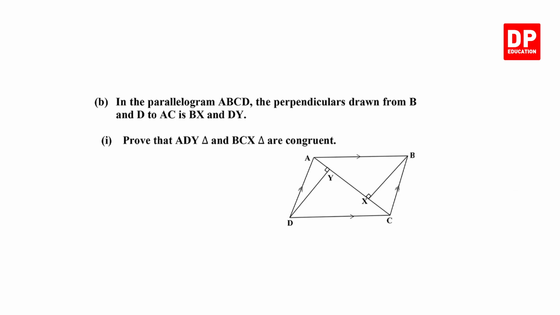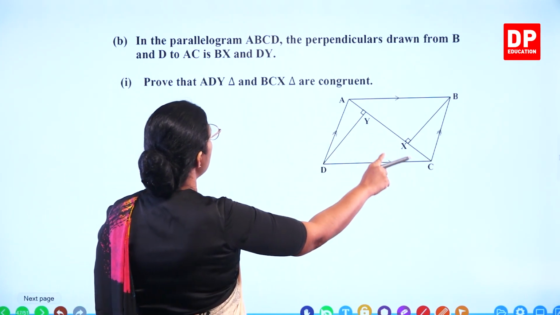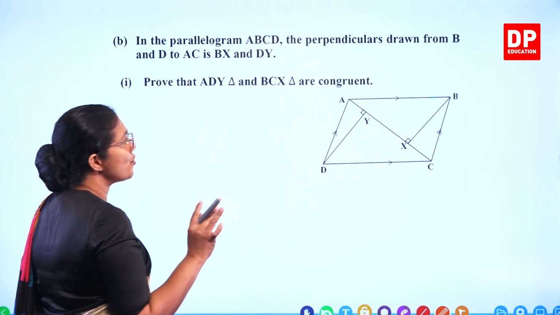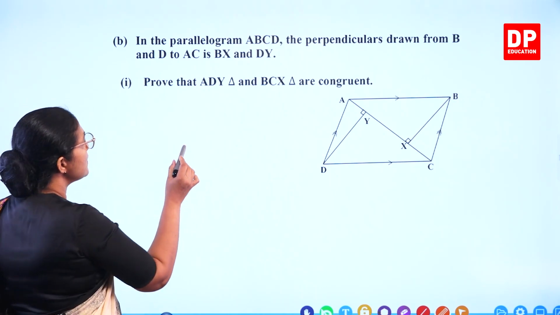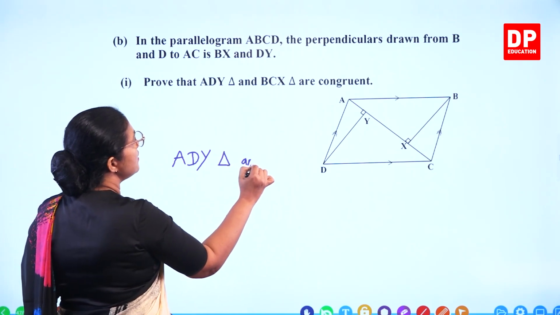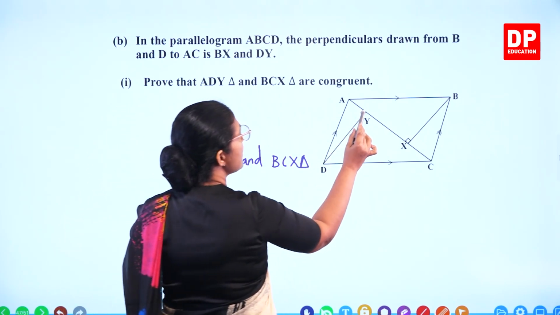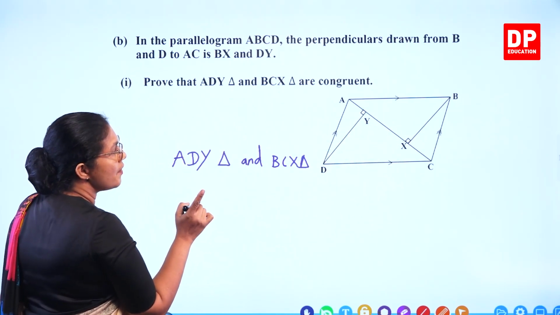In the parallelogram ABCD, the perpendiculars drawn from B and D to AC are BX and DY. Prove that triangle ADY and triangle BCX are congruent. So let's take triangle ADY and triangle BCX. We know it's 90 degrees; those are right angle triangles.